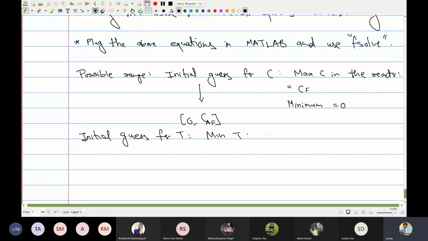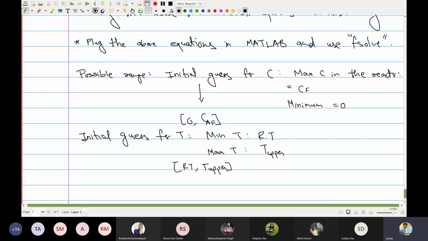So the minimum T is the room temperature, and the maximum you can get from a rough back of the envelope calculation: what is the total change in concentration, and for that total change, how much heat energy would be liberated. Divide it by rho Cp V, and that will give you the temperature rise. So you can calculate T upper, and you will have a range from room temperature to T upper.